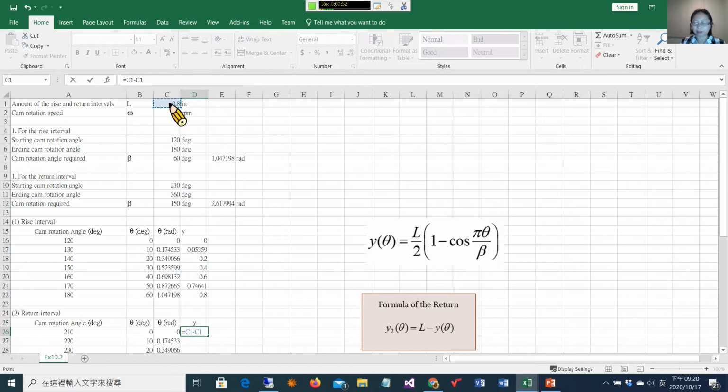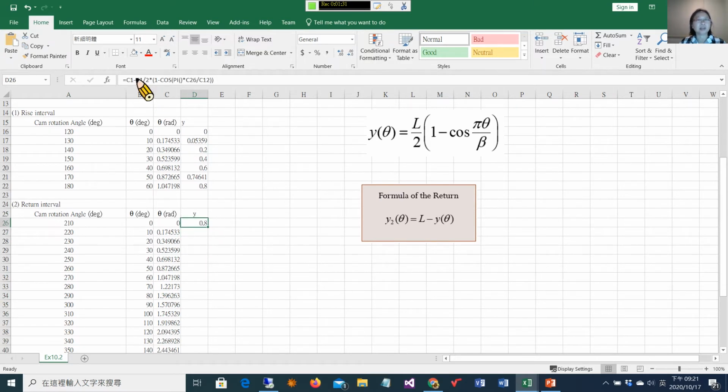L again over 2 times 1 minus cosine of pi times theta over beta. Now this is for the return interval, so you will use 115 here. Enter.